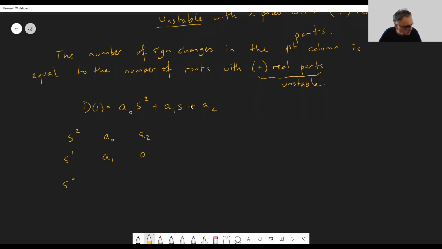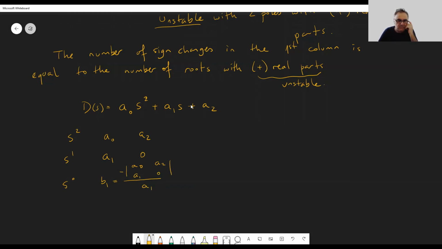Here we have, let's call this one B1, which is equal to negative determinant of A0, A2, A1, 0, divided by A1.